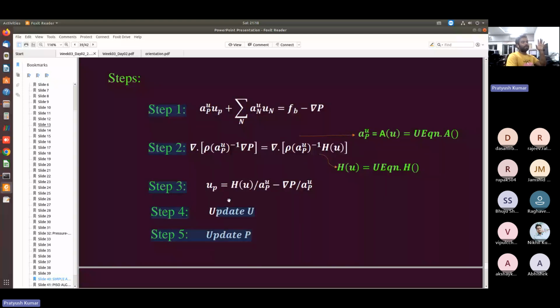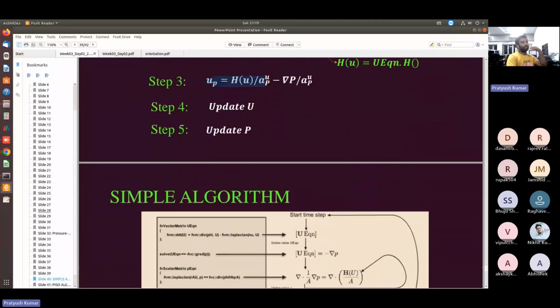I said that we are updating the pressure here, and we are updating the velocity here. I have written it separately, but this is the same step. Yes, we are going to cover it, don't worry. You update P, I have written separately, but this is the same step, step 2 and step 3, where we update the pressure and we update the velocity.